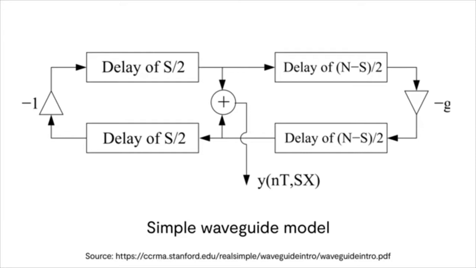Okay, so the reason why there are two delay lines for waves going on the right and two delay lines for waves going on the left here is because we want to be able to introduce energy or to capture energy at the middle of the string or at any point on the string.